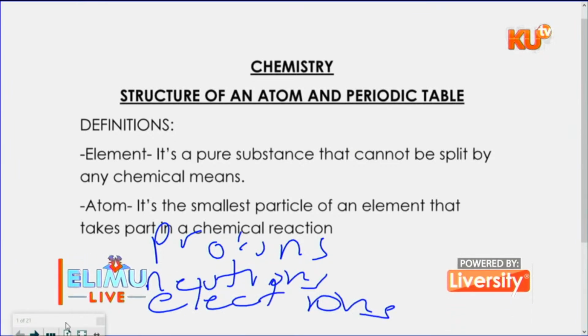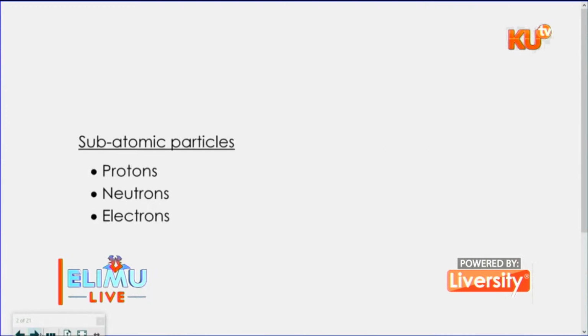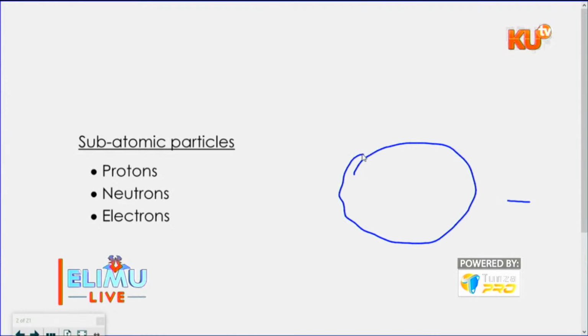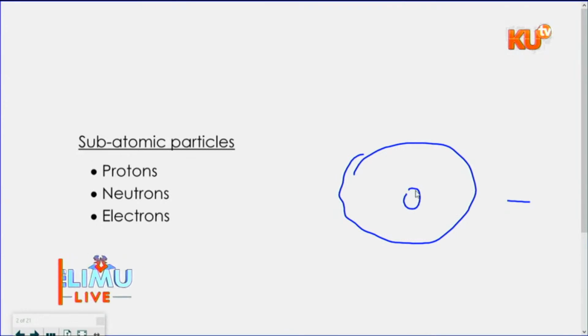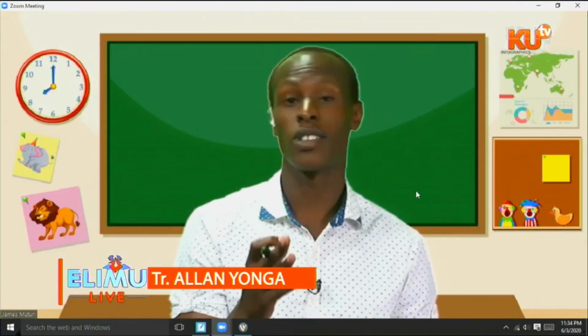I'll draw a structure to show what they look like on your screen, the three subatomic particles, and there I'll show you the structure of an atom, which is usually a circle, and we have a smaller particle inside there, which we refer to as the nucleus. So students at home, you need to understand which particles are found inside the nucleus and which particles are found on the energy level.